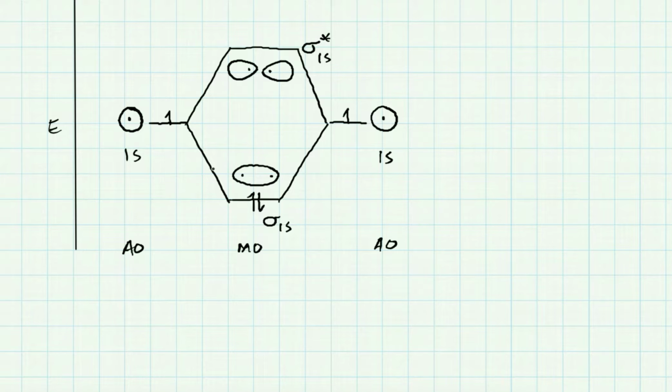The bonding molecular orbitals are lower in energy as compared to the atomic orbitals, and the anti-bonding molecular orbitals are higher in energy as compared to the corresponding atomic orbitals. The electrons in the atomic orbitals, while going towards the molecular orbitals, will be filled up in the low energy molecular orbital. And these electrons actually hold these two nuclei together, so these are said to be making a bond.